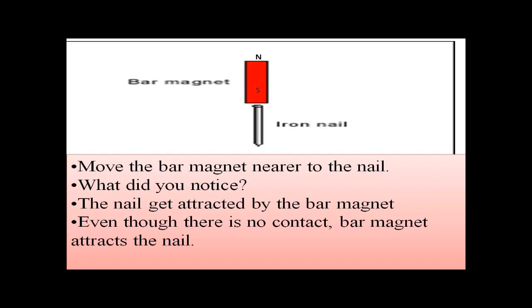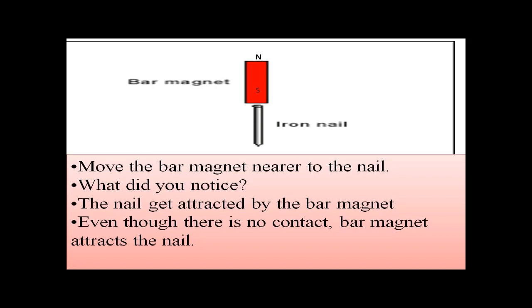Take a bar magnet and place it on the table. Place an iron nail on the same table at certain distance from the bar magnet. Move the bar magnet nearer to the nail. What did you notice? The nail gets attracted by the bar magnet.